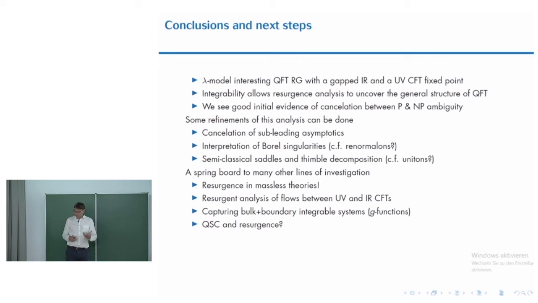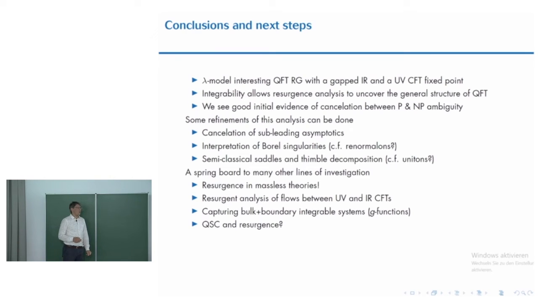This was all done in the context of a massive theory. But if we're doing holography, we're interested also in massless theories, in string theories. So it'd be interesting to know if similar analysis can be done for massless theories. Or a slightly easier question, maybe: there are integrable deformations between two different CFTs, so maybe you can do a similar resurgence analysis here.